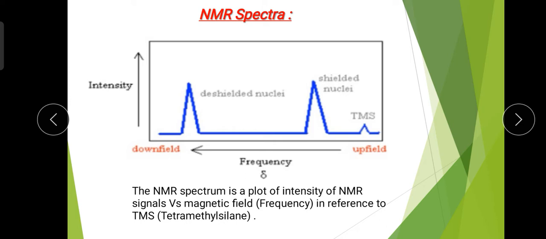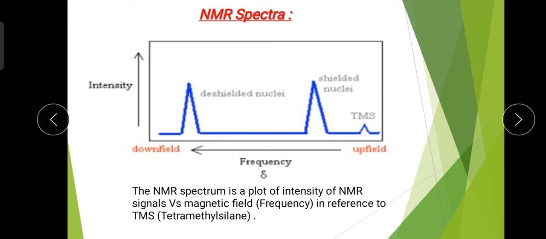Now this is the NMR spectra. This NMR spectra is intensity versus magnetic field, or we can also plot it with the frequency, where delta is the chemical shift. In NMR spectra, chemical shift is very important, because if we consider ESR spectroscopy, in ESR spectroscopy we get the splitting due to the hyperfine structure of the electron energy levels, but here we get the chemical shift.